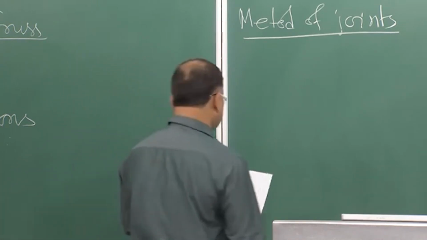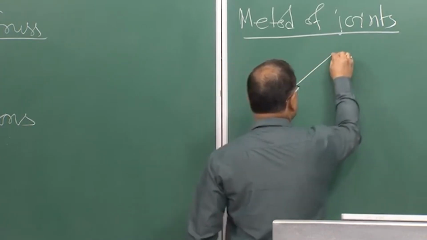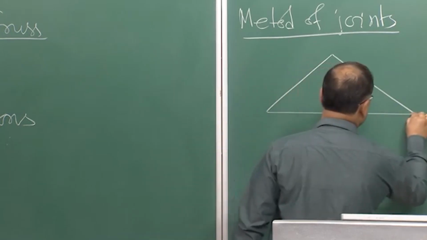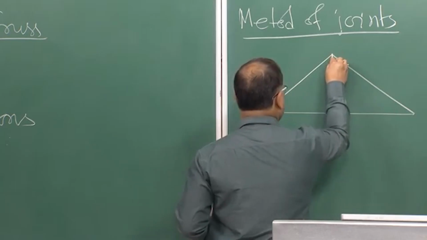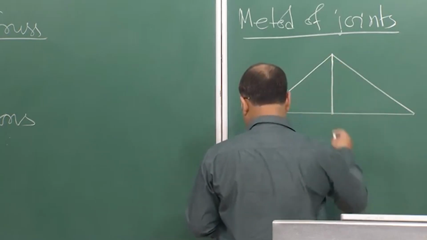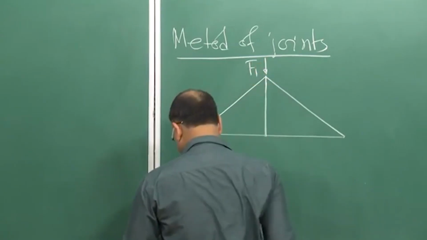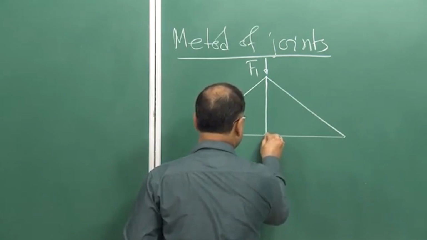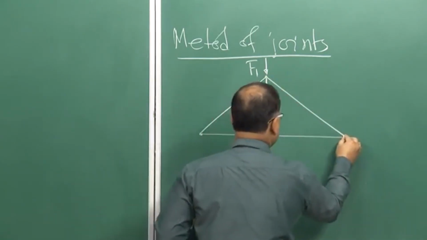Okay. So, now in this method, suppose you have a truss like that. A load F1 is applied here, another load is applied here, these are all joints.